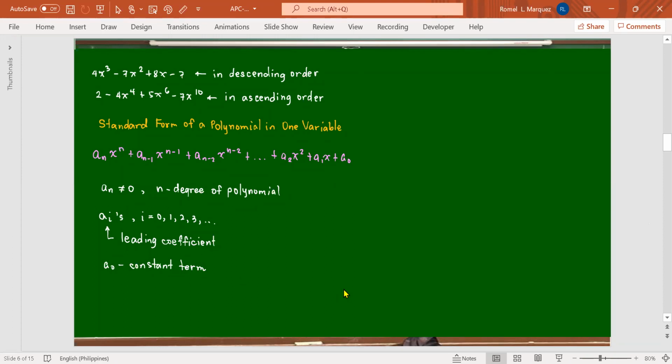Get it? And of course, n is a positive integer. Okay? Or 0. Pwede rin 0. Get it, guys?